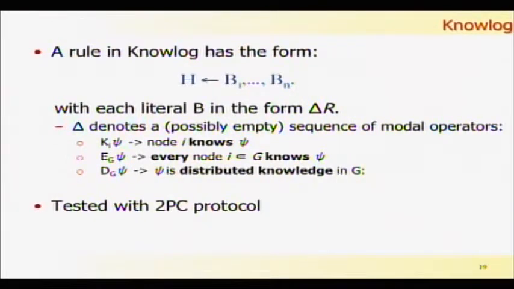Then we can also reason about the state of knowledge of groups of nodes. We can say that every node in a group of nodes knows something, or that if we join all the knowledge of all the nodes in a certain group, we have a distributed knowledge of something. We actually implemented a two-phase commit protocol with this language.